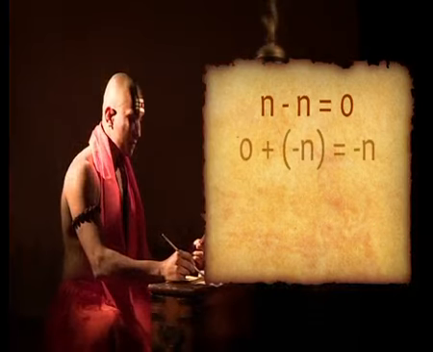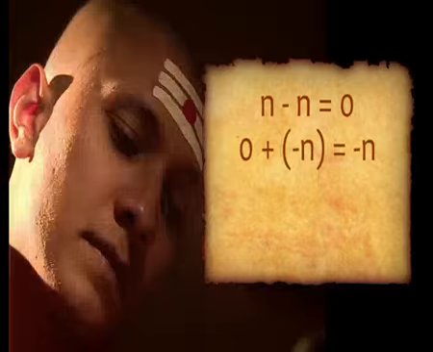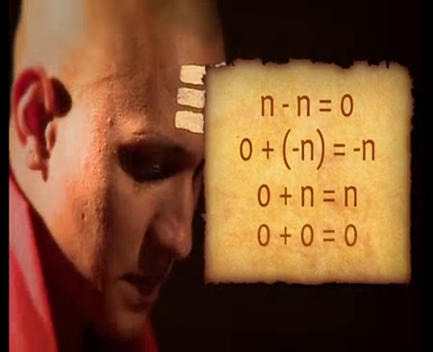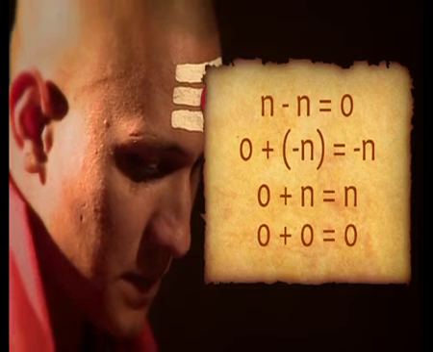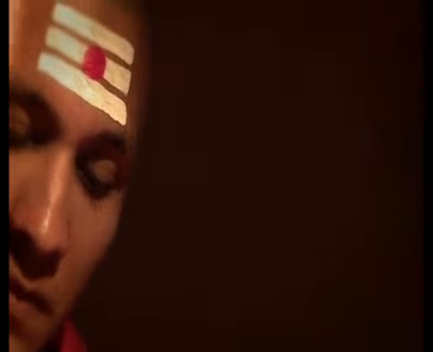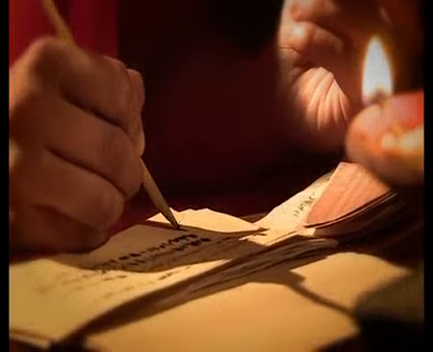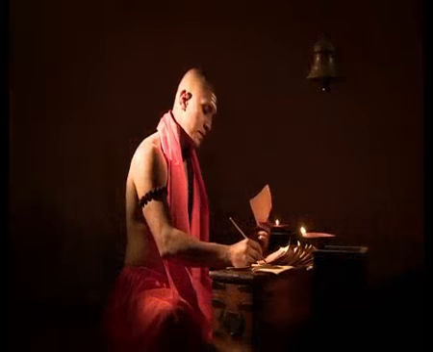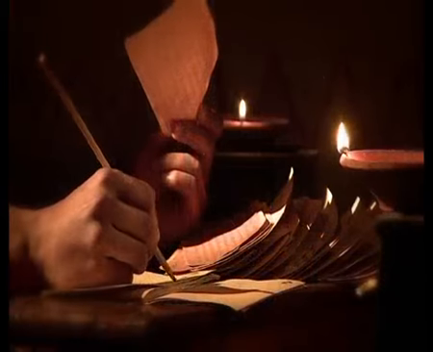He added, the sum of zero and a negative number is negative. The sum of a positive number and zero is positive. The sum of zero and zero is zero. Now what made India's contribution revolutionary is the use of zero as a number rather than just a placeholder. This, combined with the other numerals, hugely simplifies all arithmetic operations.